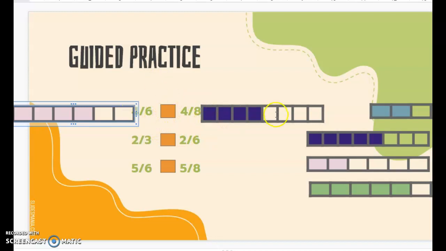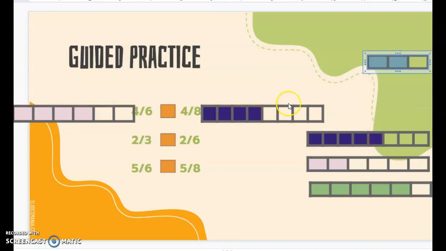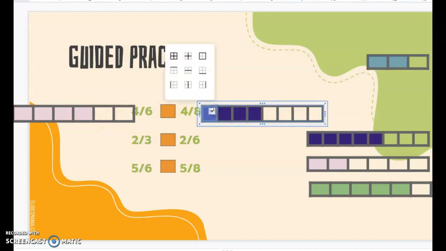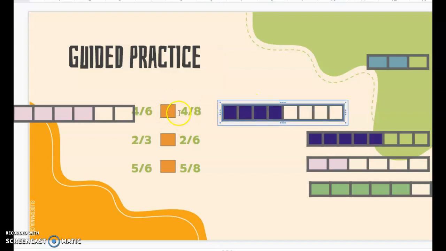And I will adjust it so we can see it. Let me adjust it down. Let me move this one out the way. Move it over.